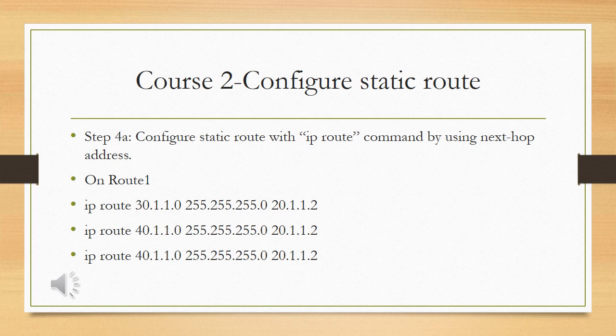The commands will be ip route 30.1.1.0 255.255.255.0 20.1.1.2, then ip route 40.1.1.0, the subnet mask, and the next hop address. The same thing is for the 50 network.